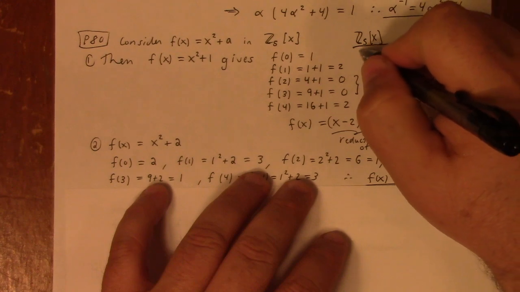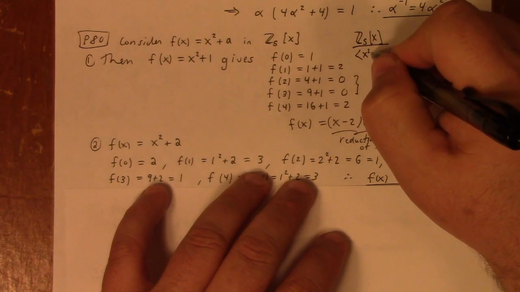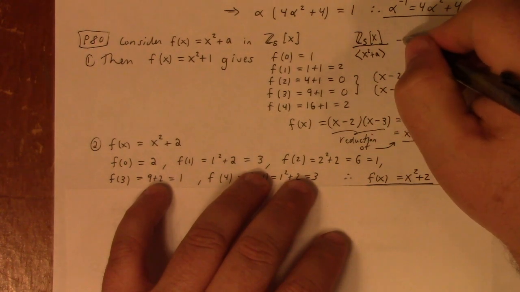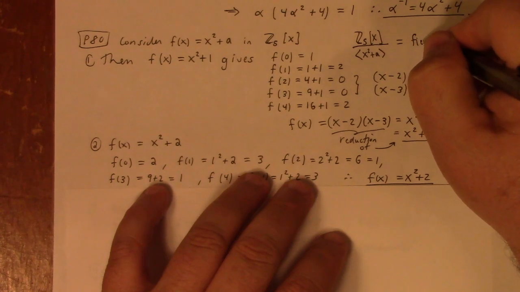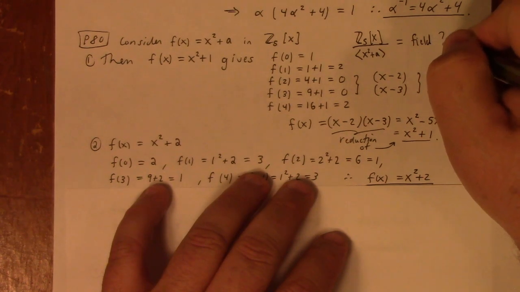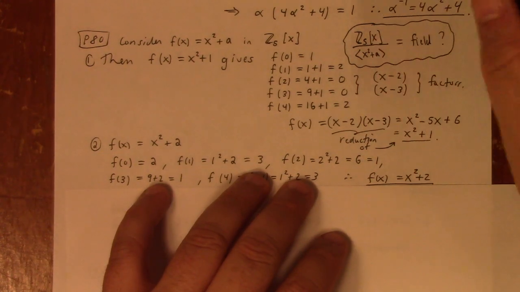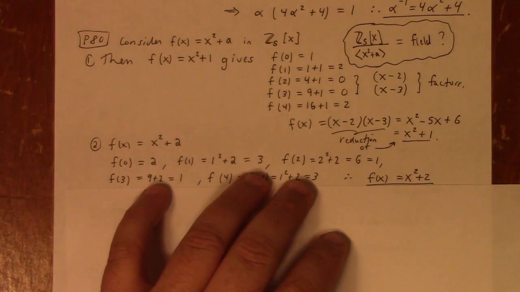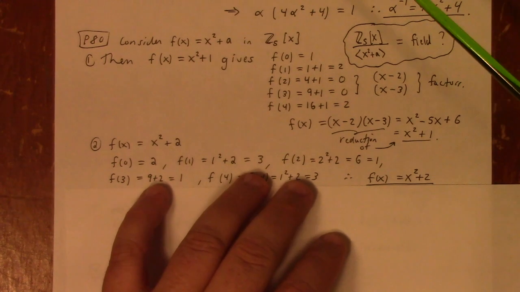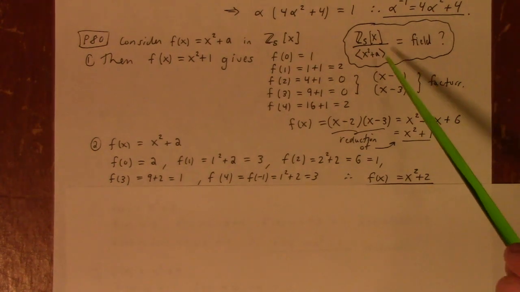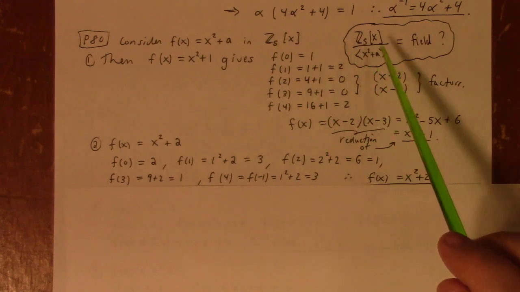mod the ideal generated by x squared plus a, right? Is it a field? So that question is closely related to the question, is x squared plus a as a polynomial in Z5[x] irreducible?